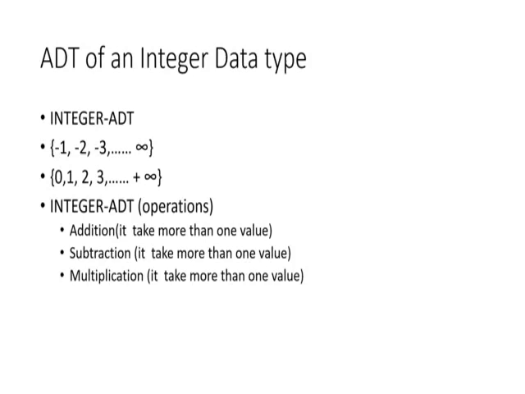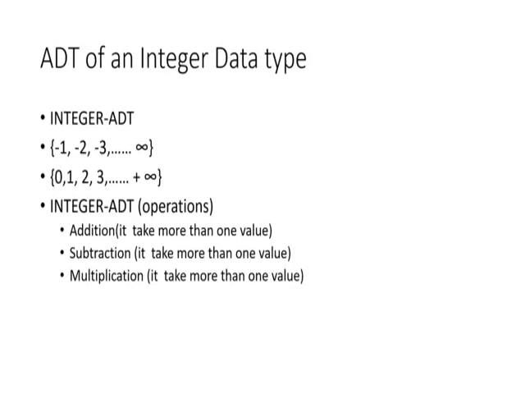Here we are going to design some axioms, some rules, some basic functions that we are going to perform on integer values. What kind of input does the integer data type take? That is from -1 to infinity or 0 to infinity. And what basic operations will the integer data type perform, like addition. While performing addition, it will take two or more values.